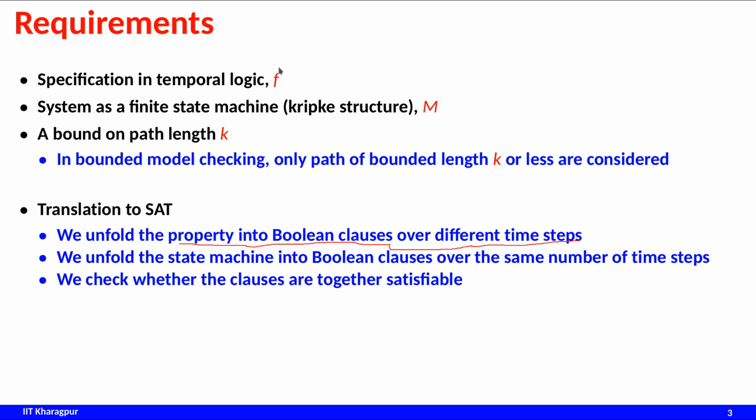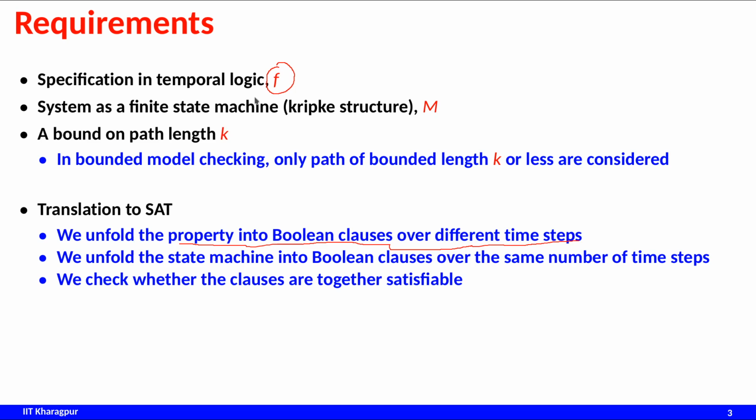The formula that we have been asked to verify will have temporal operators, so we need to unfold that temporal formula over the time steps, and for every time step we'll be allocating one Boolean variable.